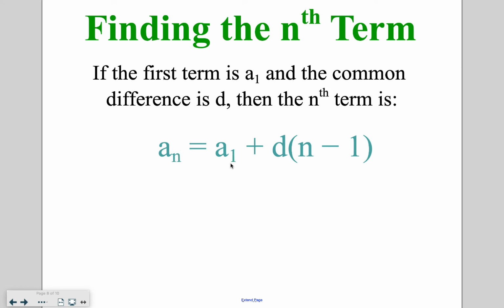The first term is represented by A1. So this is the first number listed in your sequence. The D stands for that common difference that we were talking about, so how we get from number to number. And then we have n minus 1 in parentheses as part of our expression.